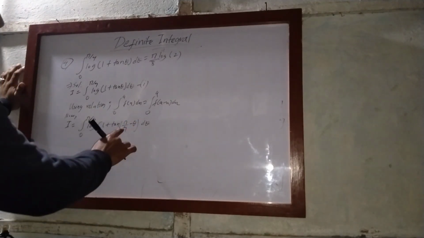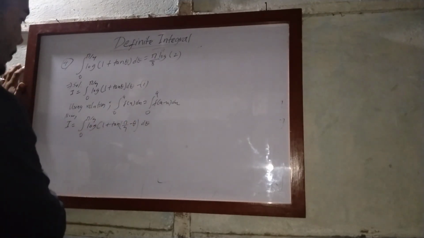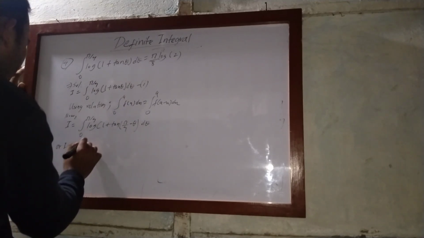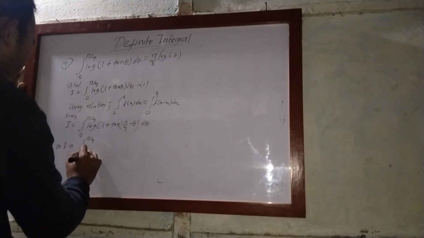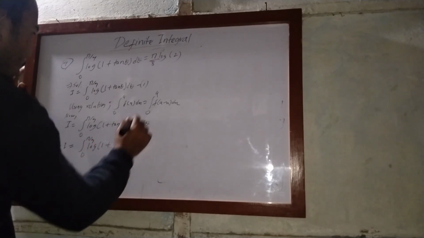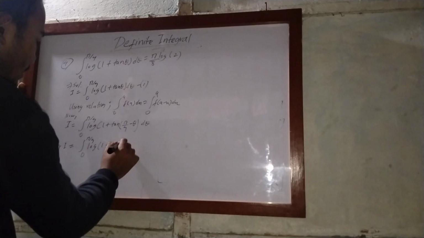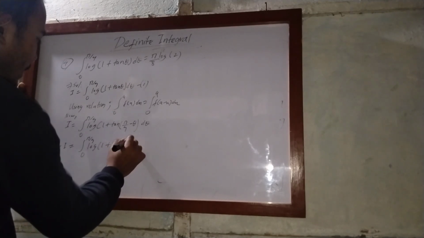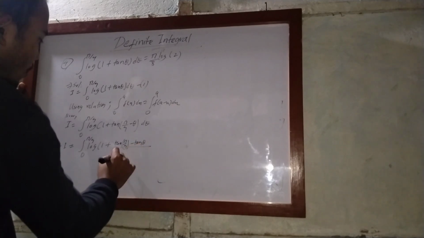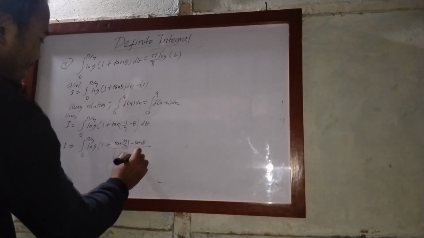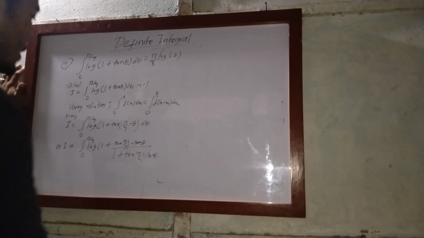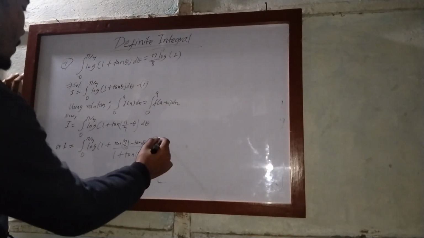Now this goes into the formula tan(a minus b), which is (tan a minus tan b) by (1 plus tan a tan b). Okay, take the bracket.